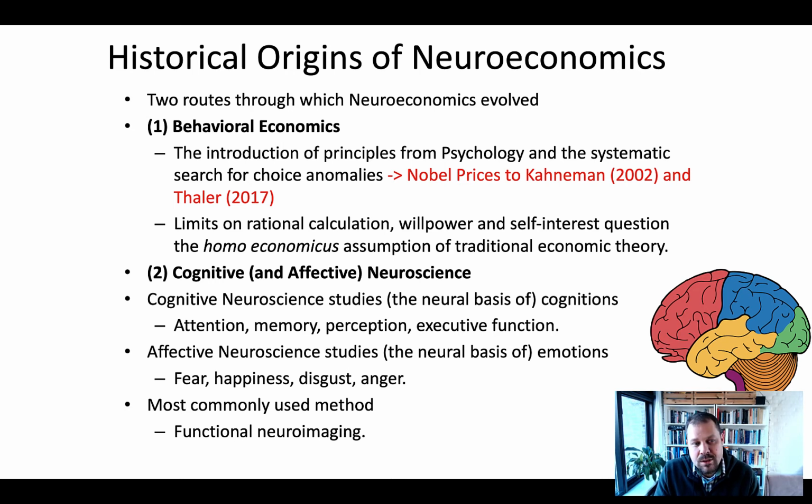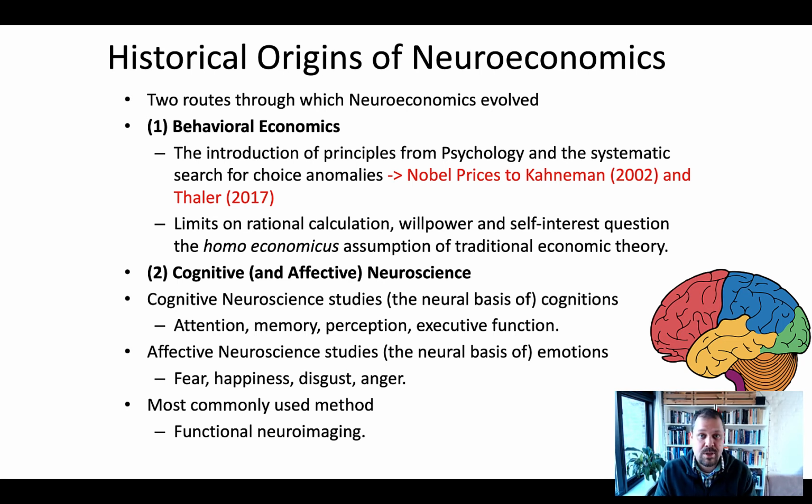And here you have the introduction of principles from psychology, for instance, starting in 1976 with the paper by Kahneman and Tversky on prospect theory. And then followed by the systematic search for choice anomalies by Richard Thaler. And both of these efforts have led to Nobel Prizes to Kahneman and Thaler, most recently in 2017.